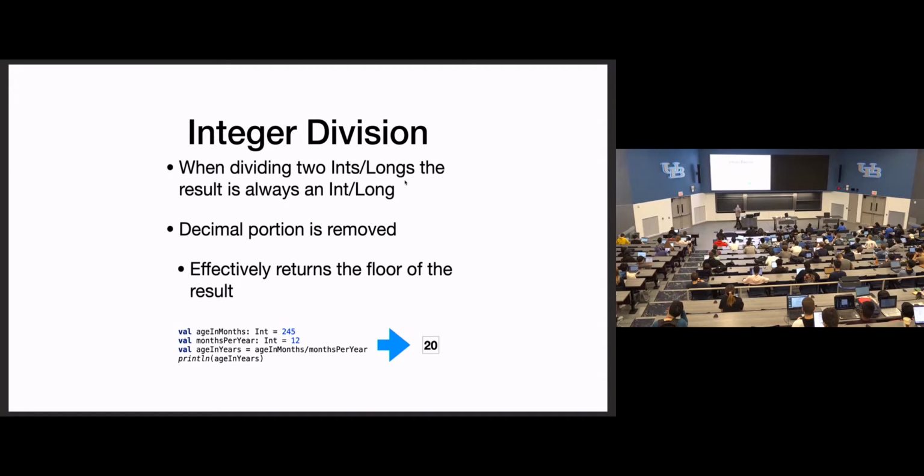If there's any fractional or decimal portion to the division, it's just completely deleted. You'll only get the integer portion. So if we have 245 divided by 12 in this example, we're only getting the whole number portion of the quotient. Any decimal portion is completely truncated, it's completely removed, and you won't get the exact answer that you're expecting.